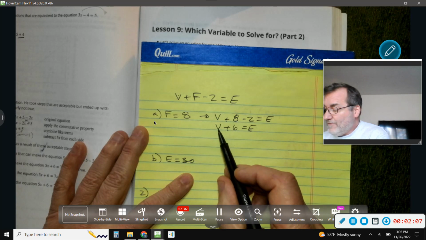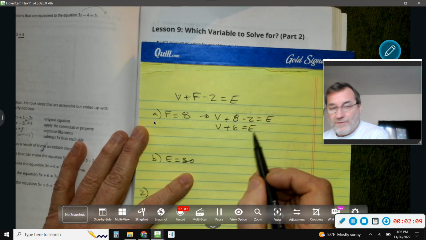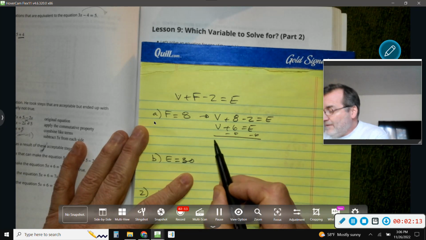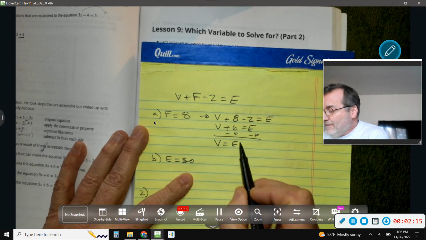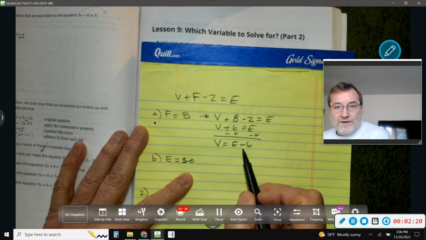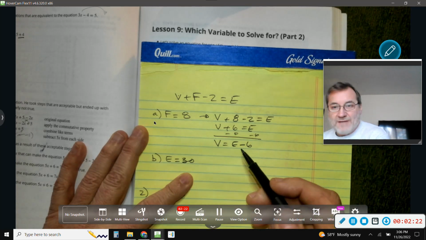So to solve for V, we have to move this 6 over to the other side. We subtract 6 from both sides, and you get V equals E minus 6, or vertices equals edges minus 6, on that first example where you have 8.